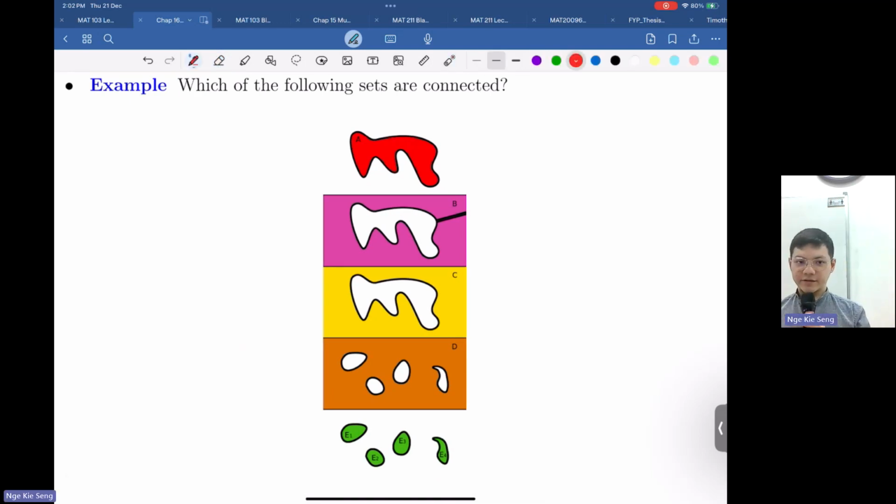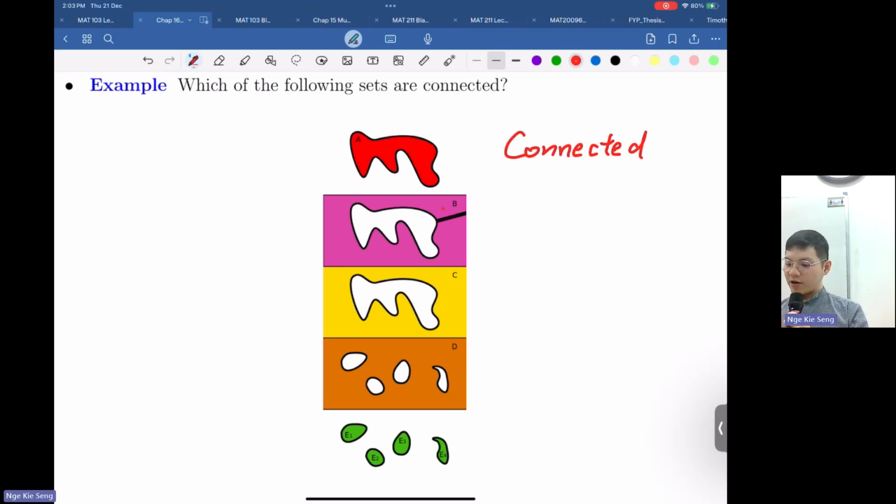Is A connected or not? If you pick any 2 points, can I walk to the other point using a path? So this is connected. Is B connected or not? What does the black line mean?